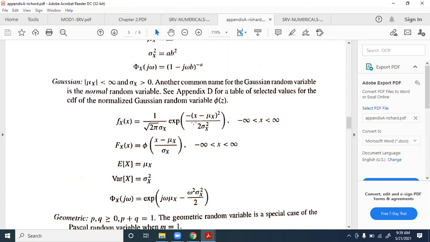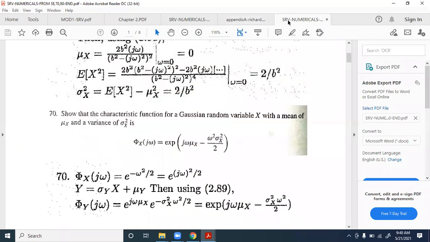We have the squared of the function over here, and we can try to solve it and get it over there. So we have here the quantity phi x of j omega, for the case of the Gaussian random variable, which will be equal to e to the power of minus omega squared by 2.